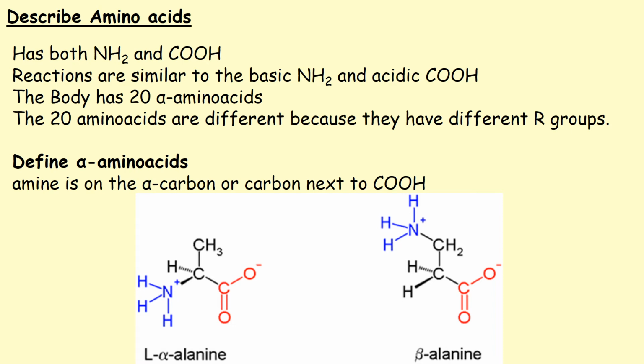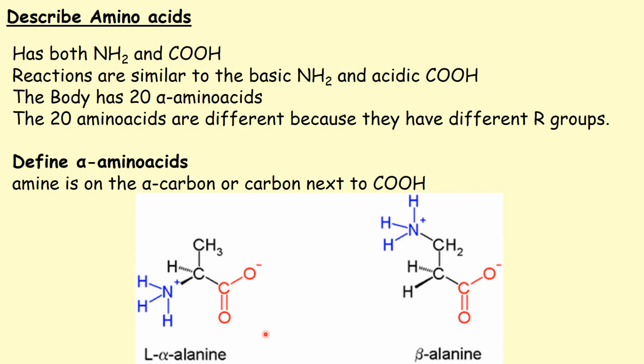Define alpha amino acids. So the example that I've given on the left is an example of an alpha amino acid. An alpha amino acid is where the amine group in blue is one carbon away from a carboxylic acid group. So an amine is on the alpha carbon or the carbon next to the carboxylic acid group.